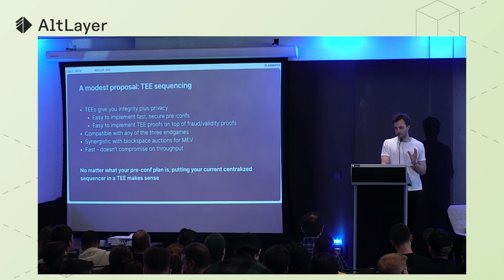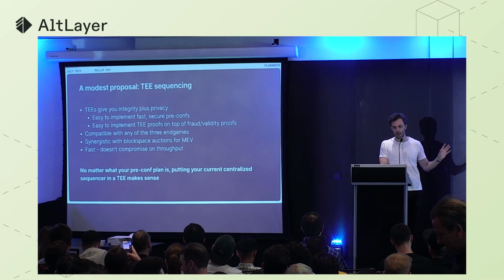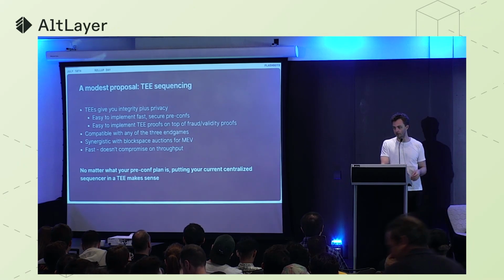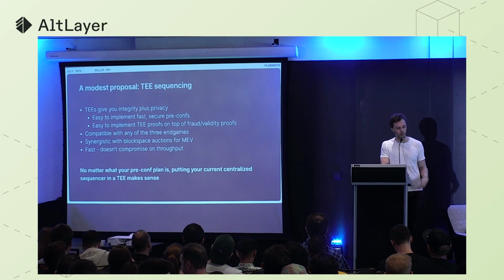You can also implement TEE proofs on top of that, so you go from single prover to multi-prover. It's very interesting. While still being compatible with any of the 3 endgame strategies, you can still iterate to be based, you can still be a server with blockchain scaffolding, you can still distribute to 100 nodes.